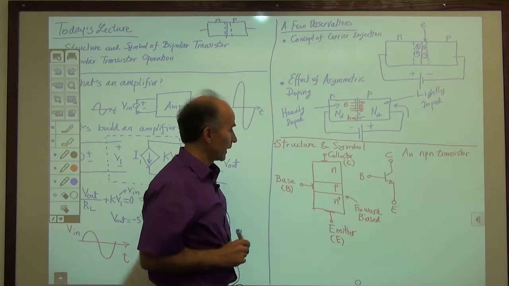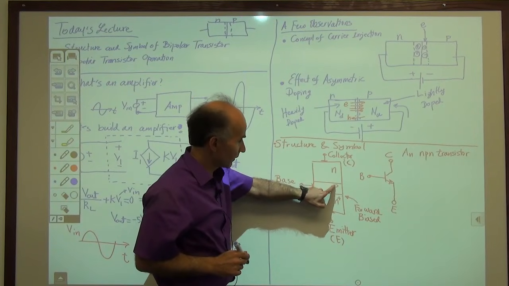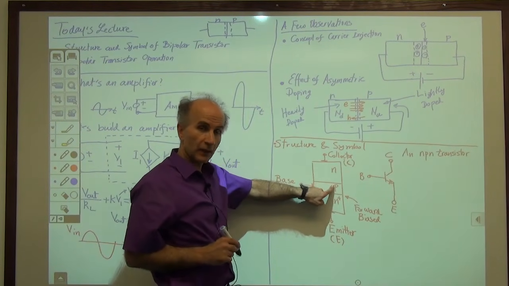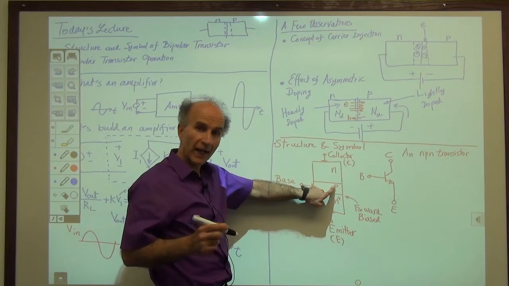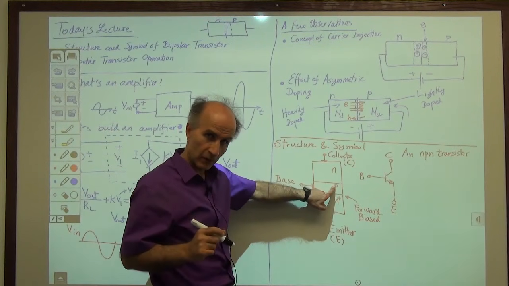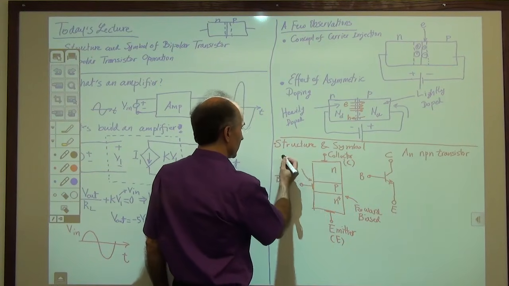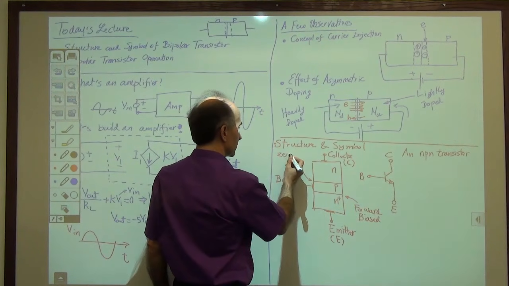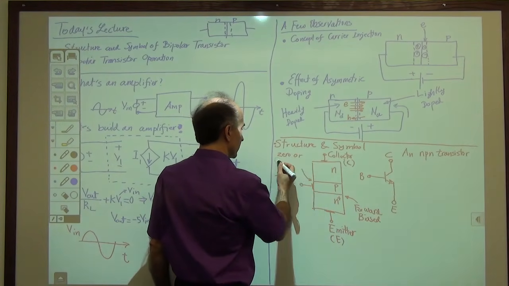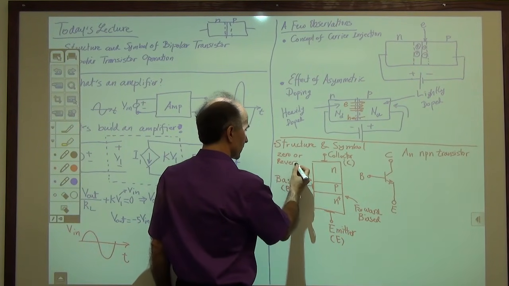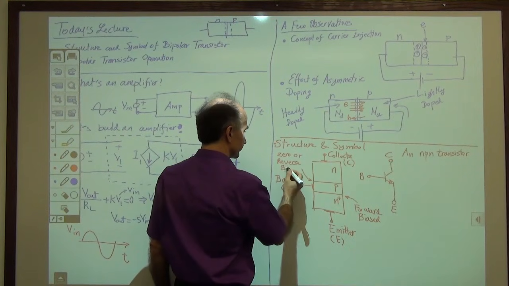Okay? And we assume that this junction, you can see there's another junction here, right? This junction is reverse biased or has zero bias across it. So 0 or reverse bias.